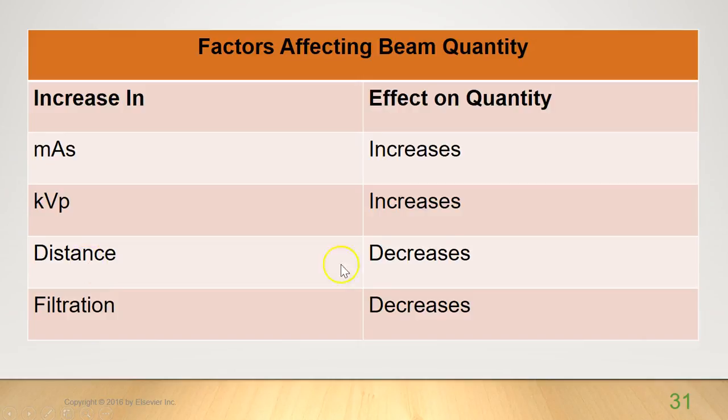Increase in distance decreases your quantity. So the further away, the less reaches your patient. Increase in filtration also decreases your quantity. So know these relationships, and know that this one is the only one that's directly proportional. This one is inversely proportional, but by the square.